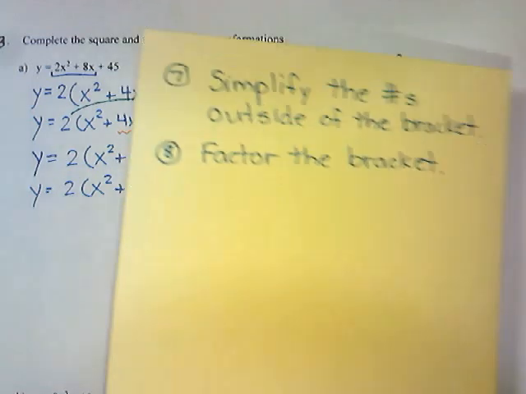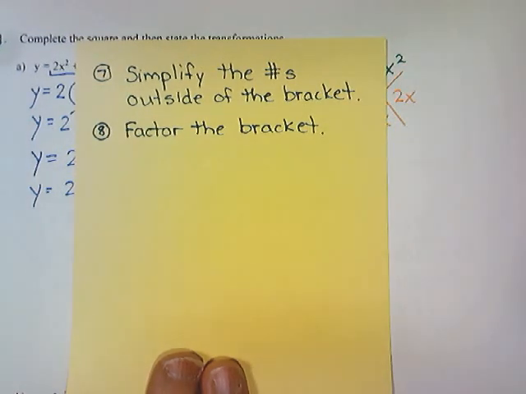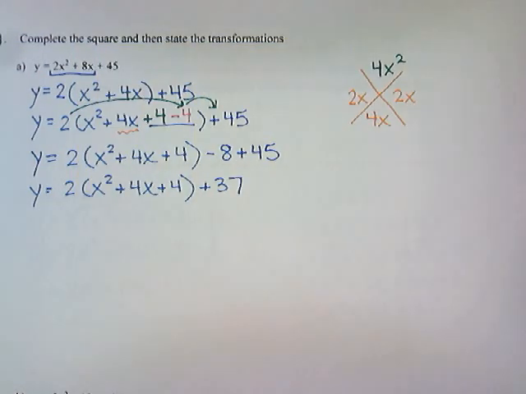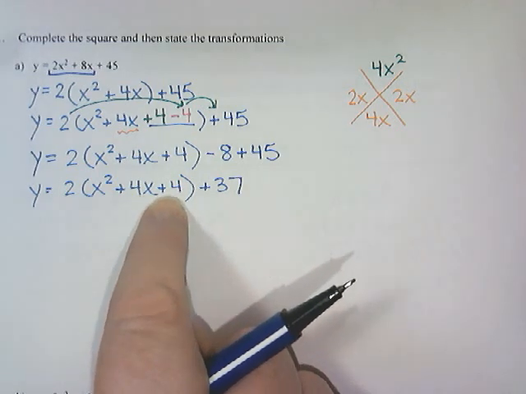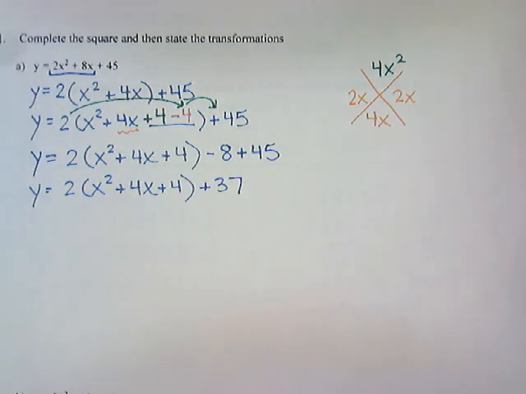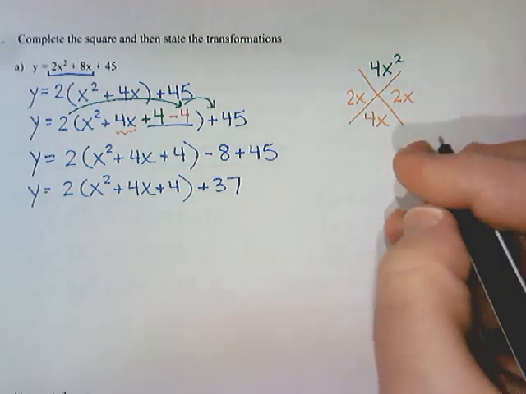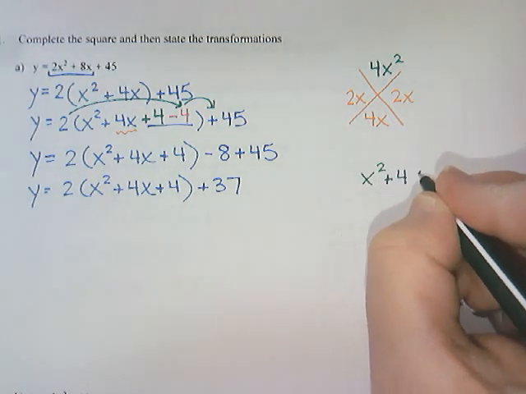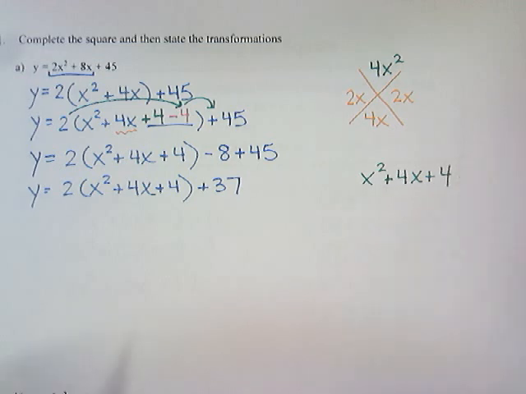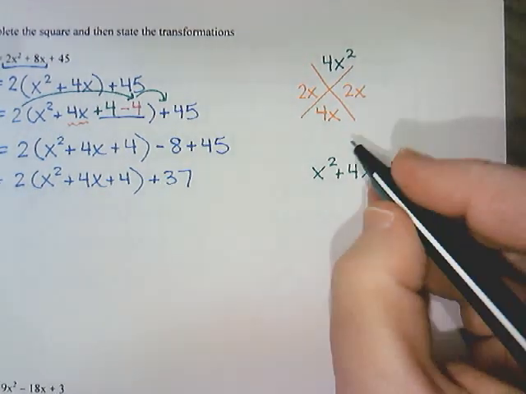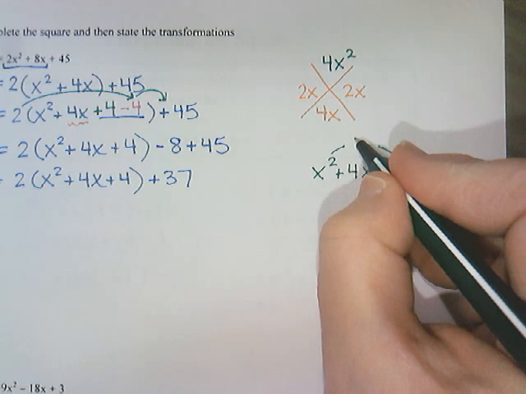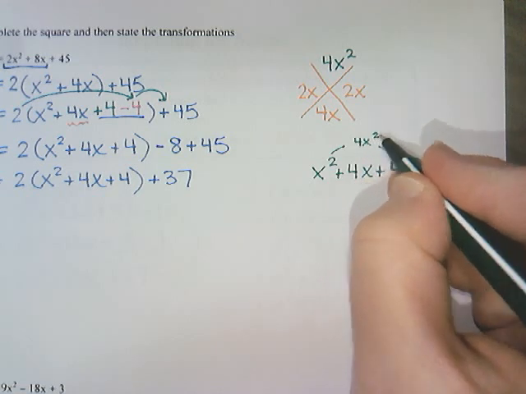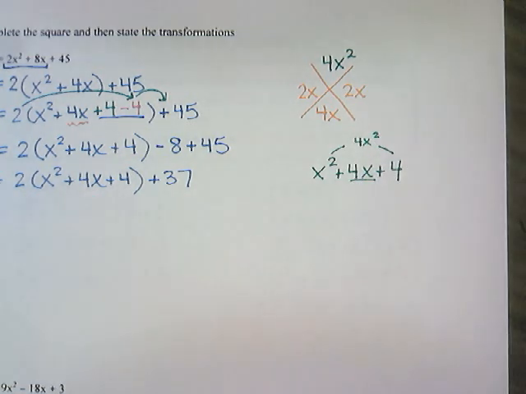All right, and then my last step here says factor the bracket. So I need to factor the bracket. So I'm going to take x squared plus 4x plus 4. I am going to do it off to the side. I find it gets a little less messy if I do that. So x squared plus 4x plus 4. I am looking for two things that multiply to 4x squared and add to my middle term of 4x.